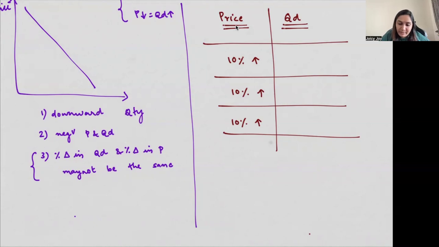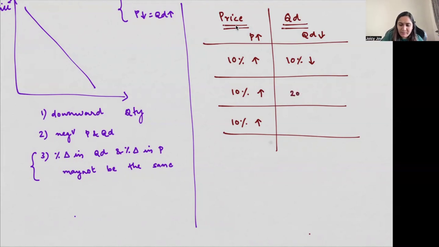According to the law of demand, whenever there is an increase in price, there should definitely be a decrease in the quantity demanded. In the first case, price has increased by 10%. And let us also take that the quantity demanded reduced by 10%. In the second case, we are assuming that the price has increased by 10%, but here we assume that the quantity demanded has changed more than proportionately, that is more than 10%.